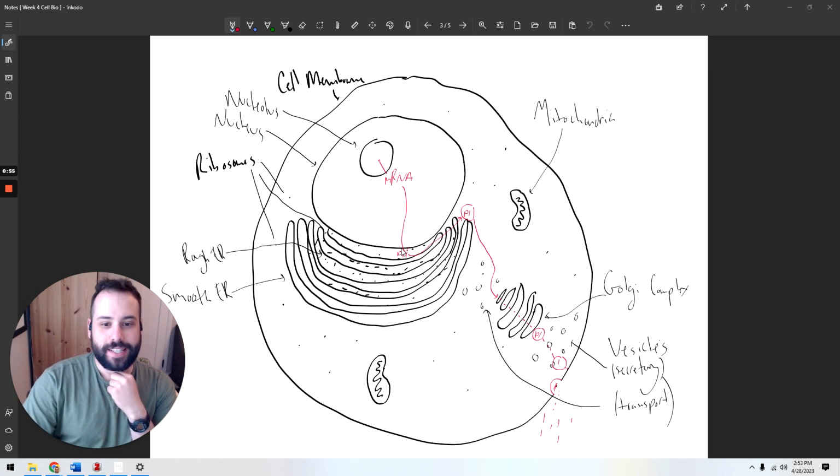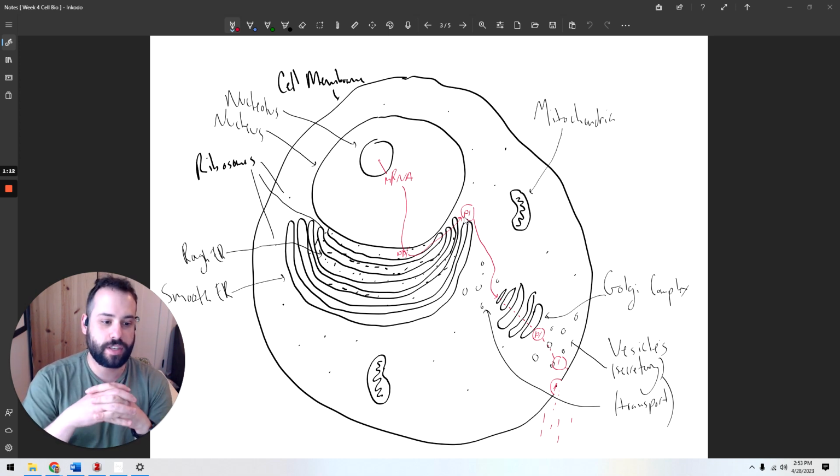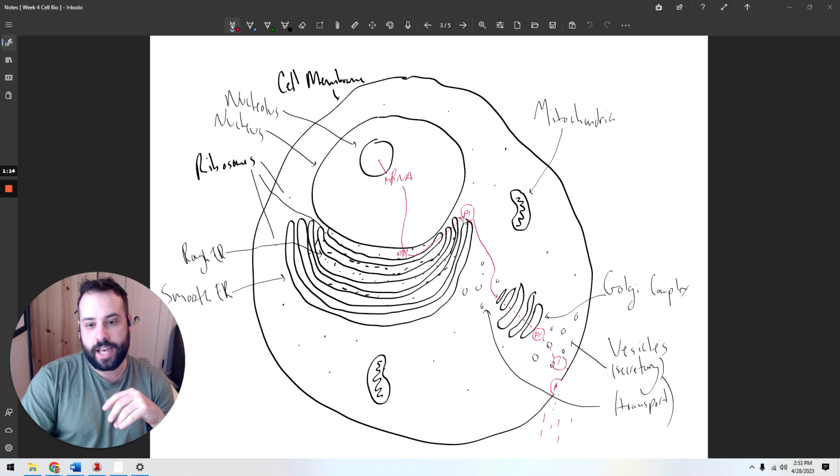Pre-proinsulin within the rough ER again gets processed and a part of it gets chopped off and then it becomes just proinsulin. Proinsulin is packaged into a transport vesicle using a section of the rough ER's membrane, and it is delivered to the Golgi complex.